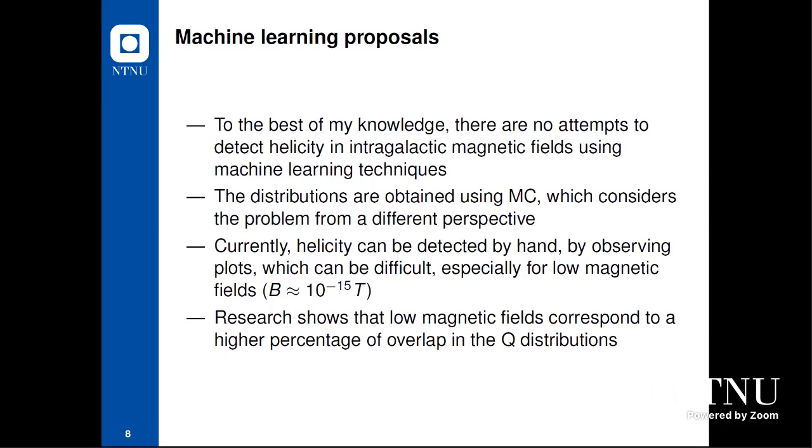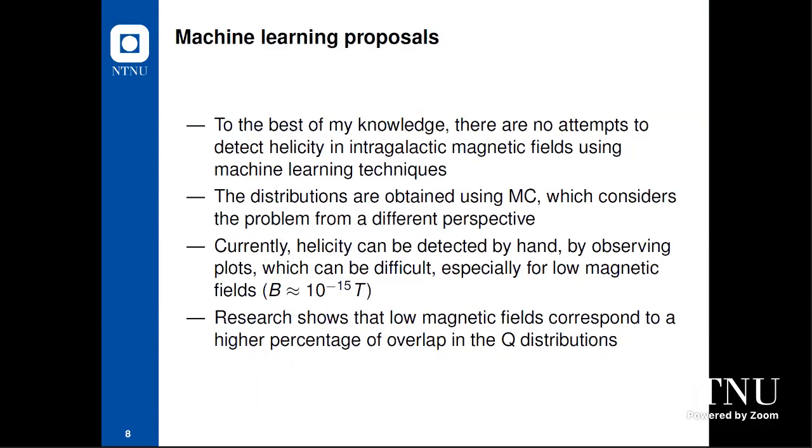So the idea of machine learning is that once the model has been trained, of course, it requires some time to be trained, but after it has been trained, we can apply the model given an image that is a plot obtained by the data generated by the simulator. And it is possible to say, okay, this is positive helicity or negative helicity or zero helicity.